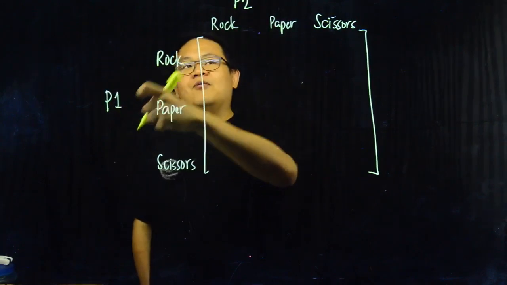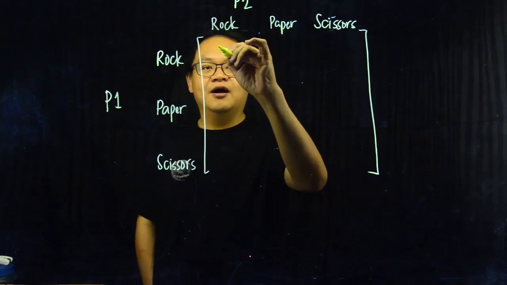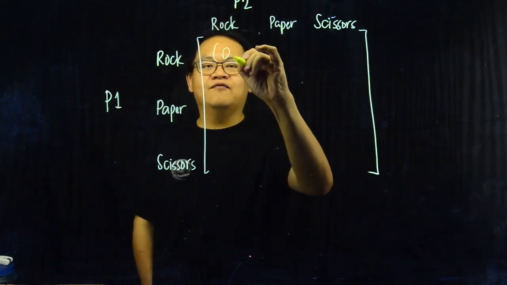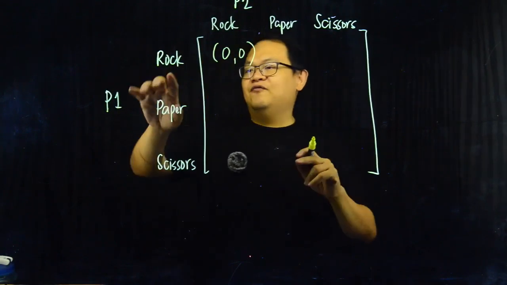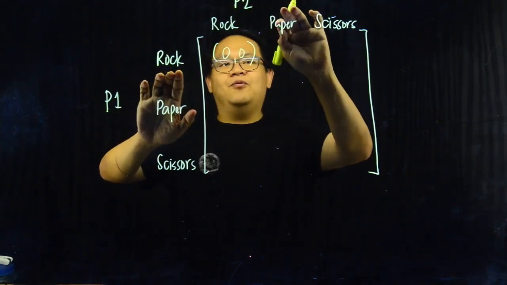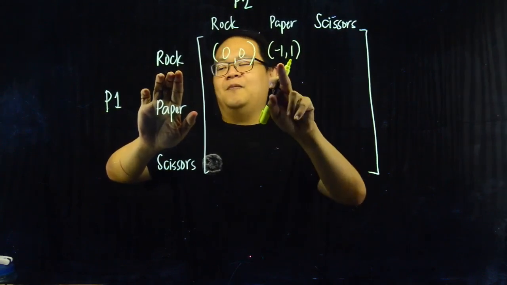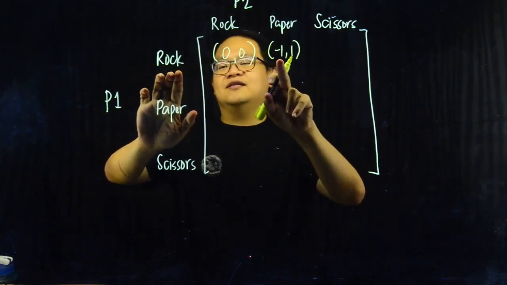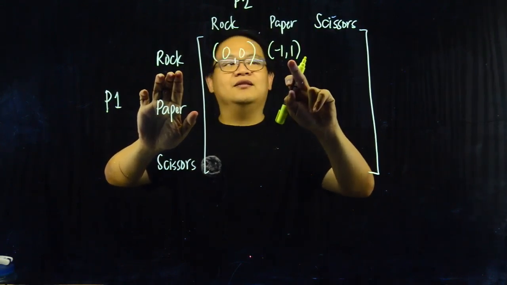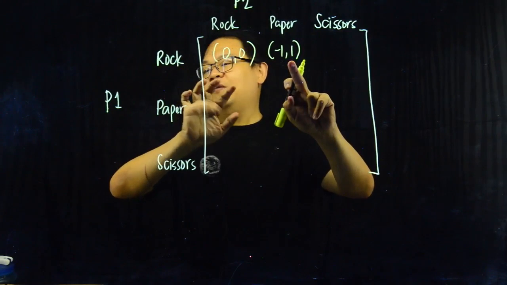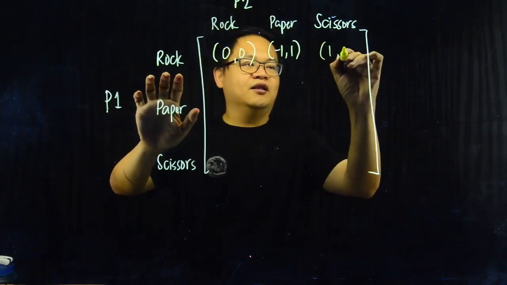If player 1 and player 2 show rock, then it's a draw, and therefore the payoff for both is 0. However, for rock and paper, paper wins, and therefore this is -1 and 1. Player 1 loses, and therefore he gains -1 point, and player 2 wins, and therefore he gains 1 point.